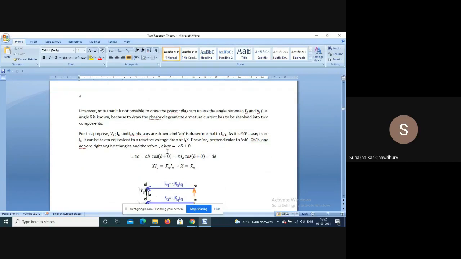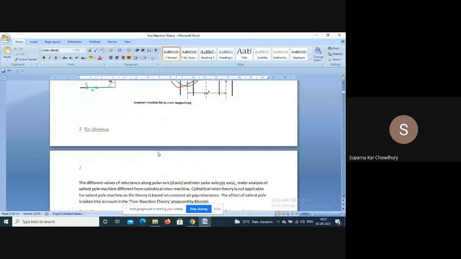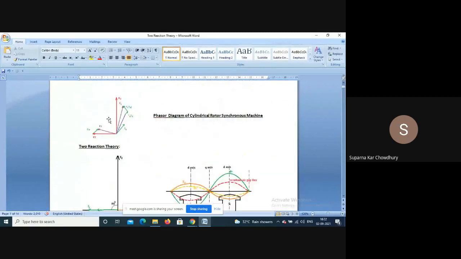Now, one thing you can note in this phasor, the first one for the cylindrical rotor machine: the measurable quantities are terminal voltage Vt, current Ia, angle between Vt and Ia, theta, the parameters Ra, and this total Xs, synchronous reactance. So knowing this, we can draw the phasor diagram.